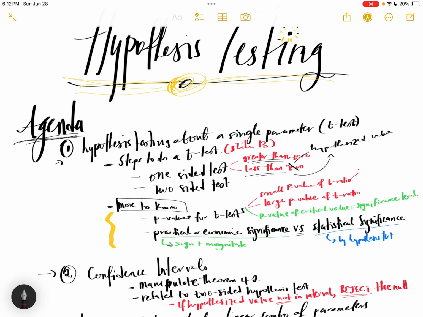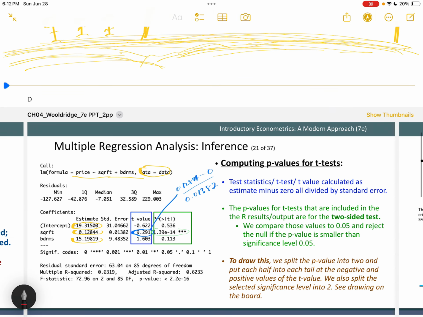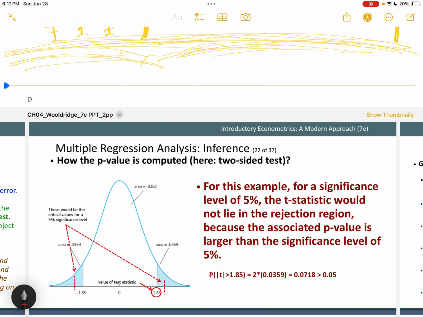So that's why up here I wrote small p-value of t ratio implies that the chances you will reject H0 could be higher. And for a large p-value of a t-ratio, the chances you will reject H0 could be smaller. You see? All right, and we can move on to other things.